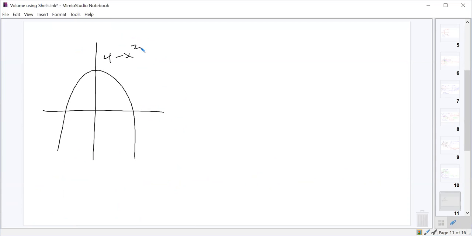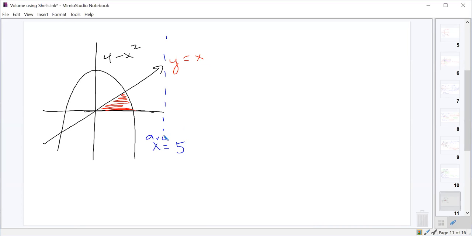The region between 4 minus x squared and y equals x, and then the x-axis. So let's talk about this region right here. 4 minus x squared, the x-axis, and y equals x. And let's revolve that around the line x equals pi.